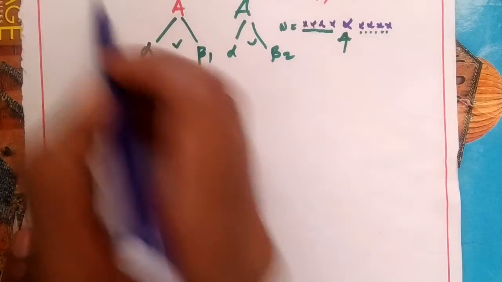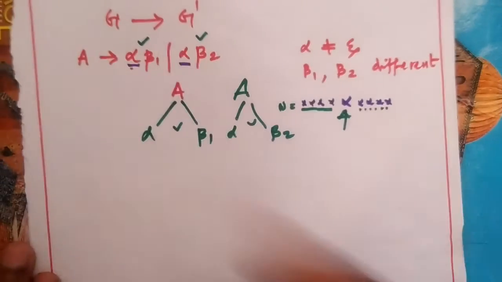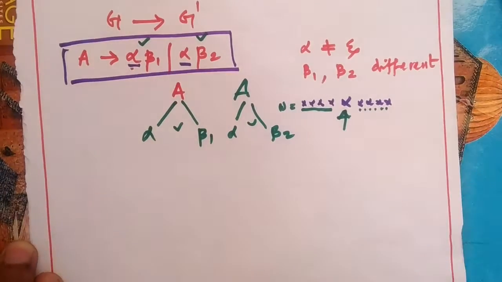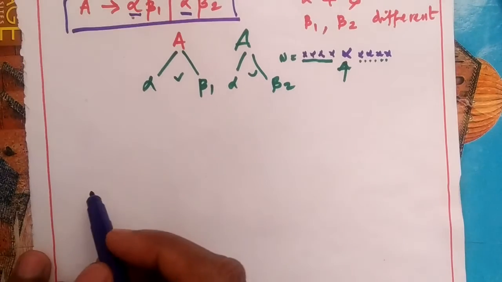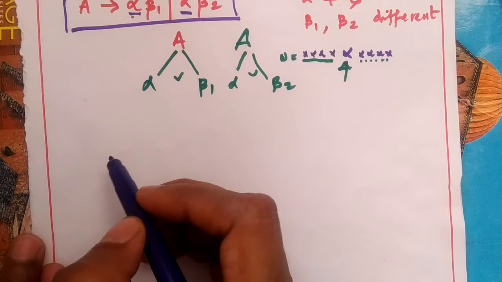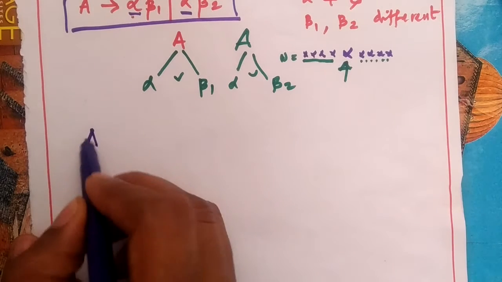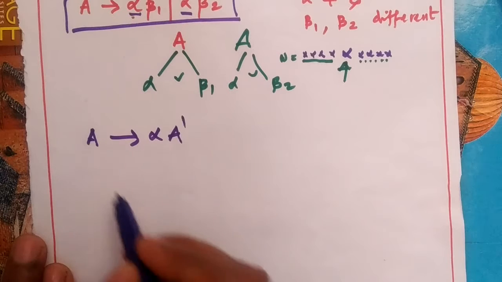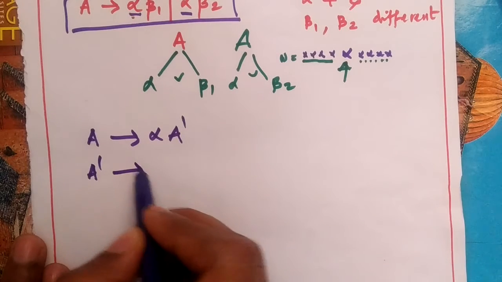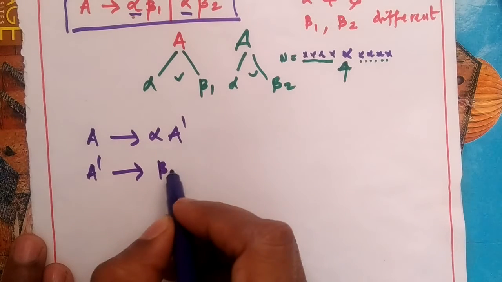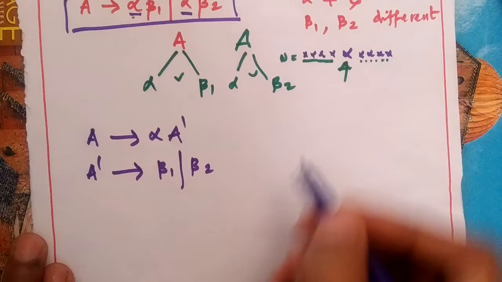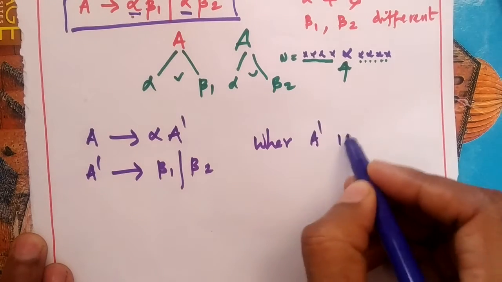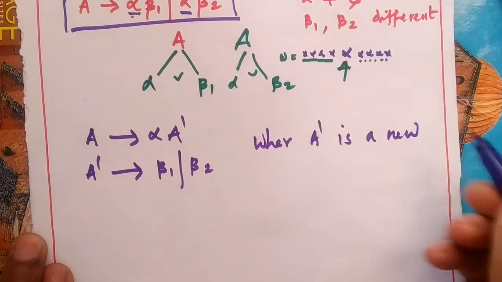If the productions are A gives alpha beta 1 and A gives alpha beta 2, we can convert them into equivalent productions of the form A gives alpha A dash, and A dash gives beta 1 or beta 2, where A dash is a new non-terminal.